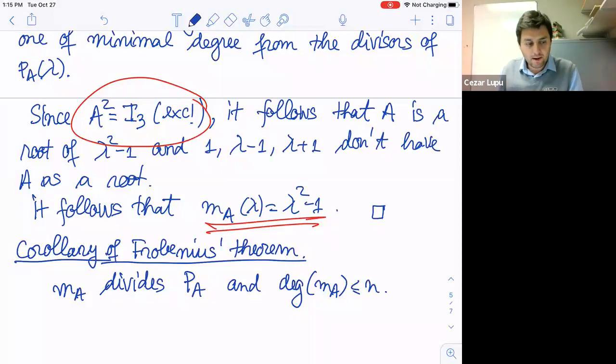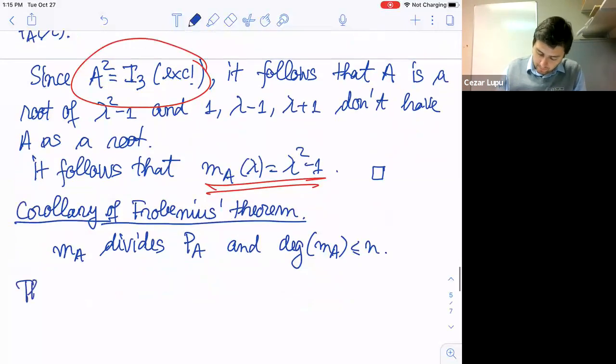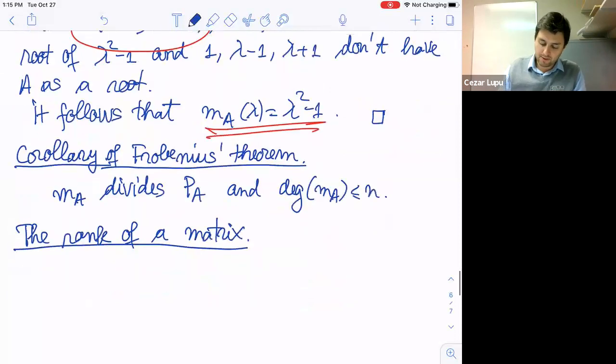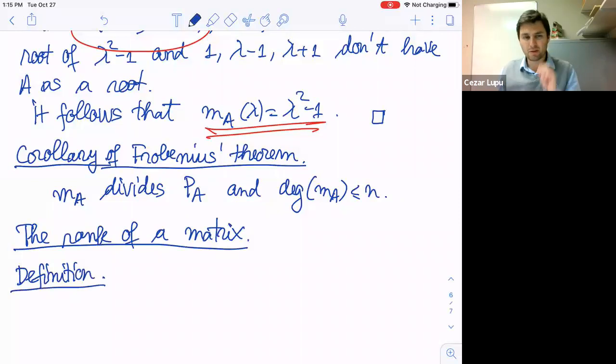But now I'd like to talk about the rank of a matrix. Man, I'm doing too much theory, but anyway, the rank of a matrix. So let's see, definition. In fact, I'll give you a bit of a different definition than you know.